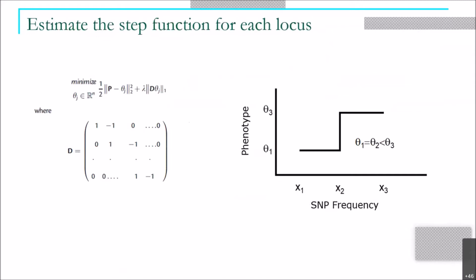Those are three different values for the SNP frequency in a hypothetical experimentally evolving population, where the model that the Lasso machine learning came up with says basically that over the SNP frequency range X1 to X2, the model predicts the phenotypic value will be theta 1, and over the SNP frequency values X2 to X3, the predicted phenotypic value is theta 3, and there's this transition at the value X2.